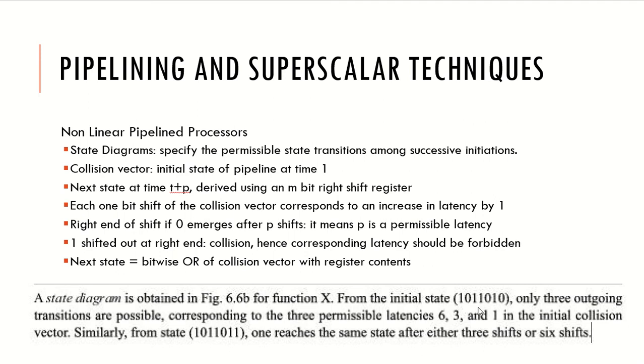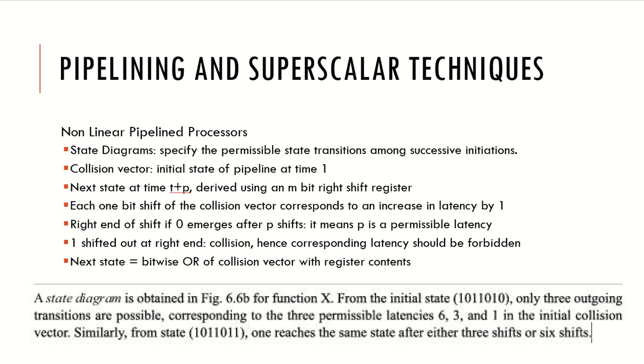You can derive the next state by using the bitwise OR operation on the collision vector with the contents of the register. How to derive and draw the state diagram, and how to derive the next state, will all be handled in the problem, so by then you will have a better understanding.